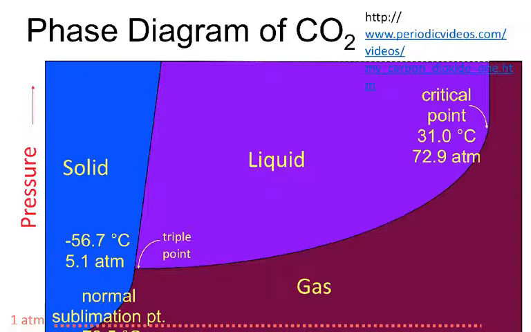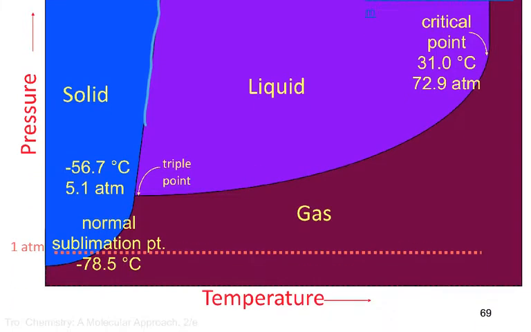Here's the phase diagram of carbon dioxide. Again, notice this line is a positive slope this time, which indicates that the solid is more dense than the liquid. For carbon dioxide, the 1 atmosphere line is down here. The triple point is at negative 56.7 degrees Celsius and 5.1 atmospheres.